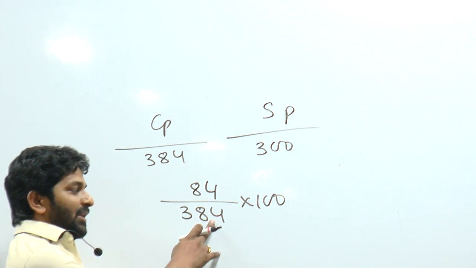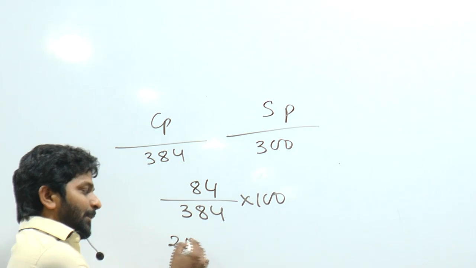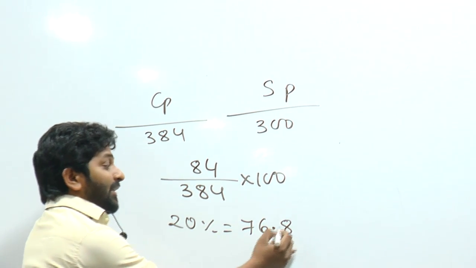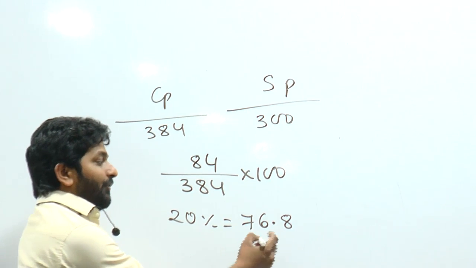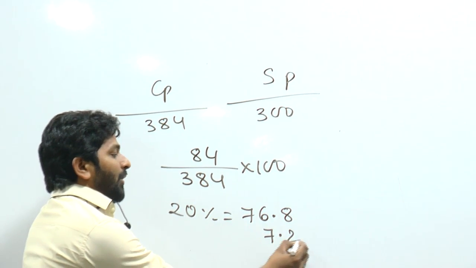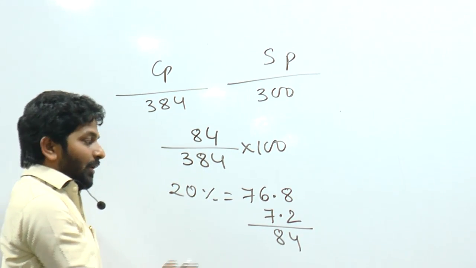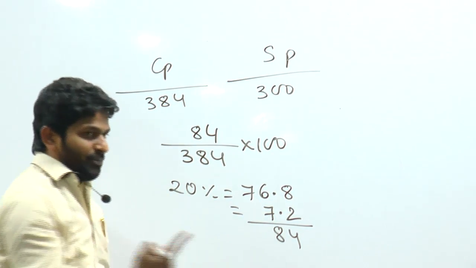10% of this is 38.4. 20% is 76.8. To this number, if you can add 7.2, then it becomes 84, which is our numerator. Now you need to identify 7.2 forms what percent.